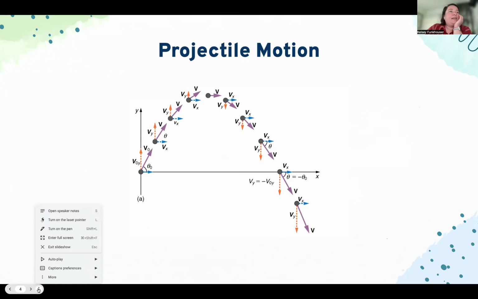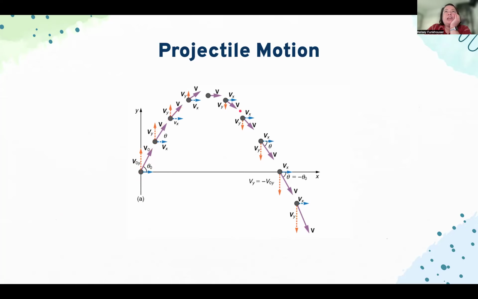And we have this initial velocity. So the purple is our total velocity. Initially it's at this angle theta naught, and it's this velocity v naught, which is what that subscript 0 means, or how you say it. And we can see that this purple vector changes throughout the trajectory.